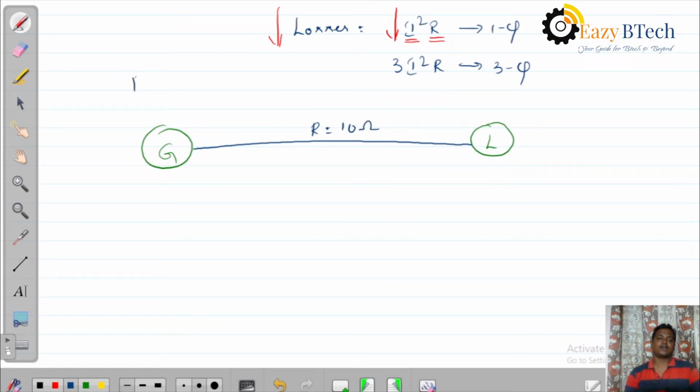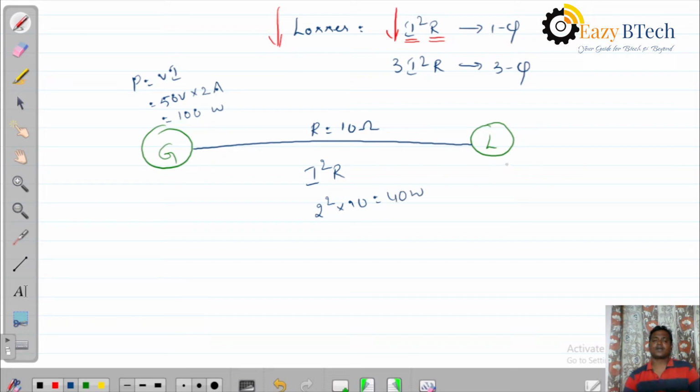Here P equals V into I. I am generating 50 volts, for example, into 2 amperes, then power equals 100 watts. Assume that cos phi equals 1. Next, calculate the losses for this transmission system. Suppose it is a single phase transmission system, the losses is I square into R, therefore it is 2 square into 10, we get 40 watts.